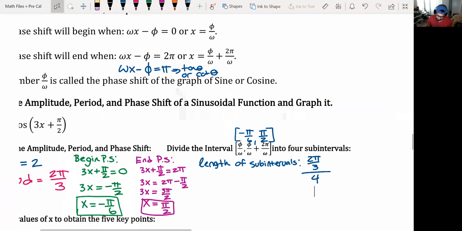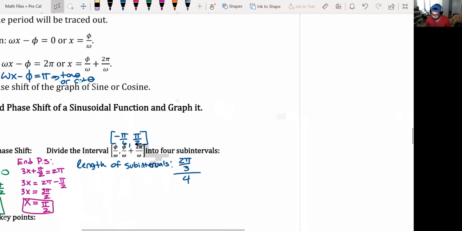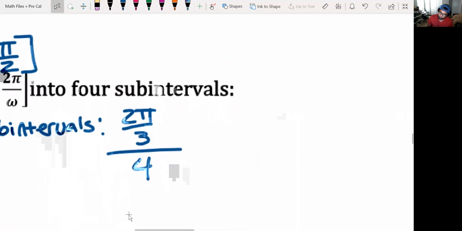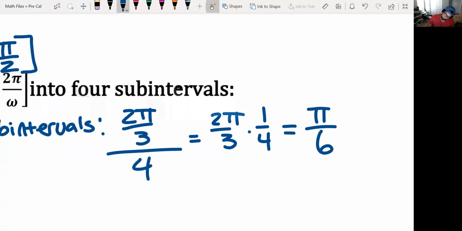That was our period, right? 2 pi over 3 divided by 4. Which means the length of each subinterval is going to be 2 pi over 3, put that over 1, times 1/4, and you'll get pi over 6. So this is the length of each subinterval.